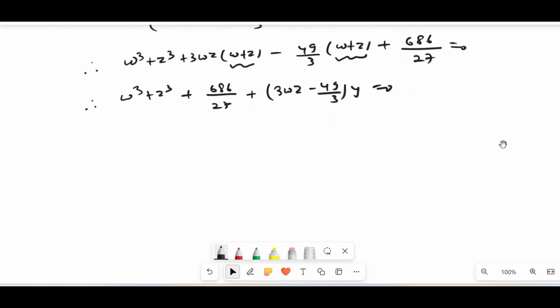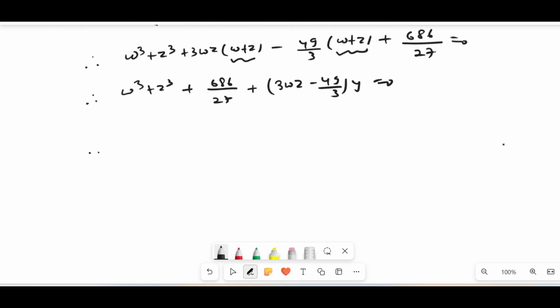So comparing on both sides, we will get w cube plus z cube is equal to negative 686 over 27, and 3 times wz is equal to 49 over 9. We have divided this whole term by 3.